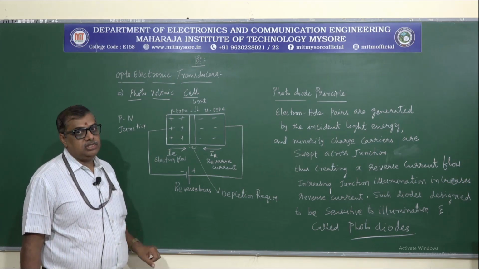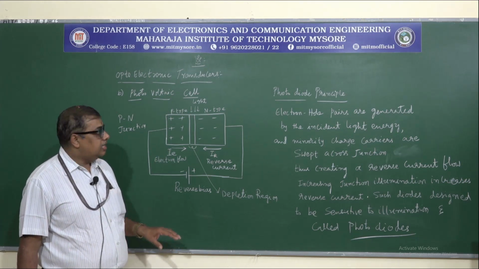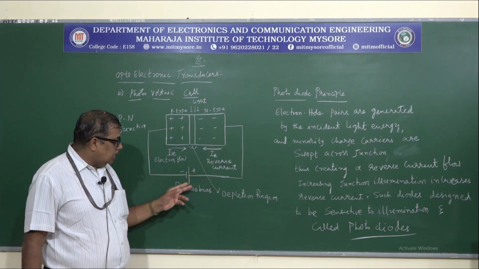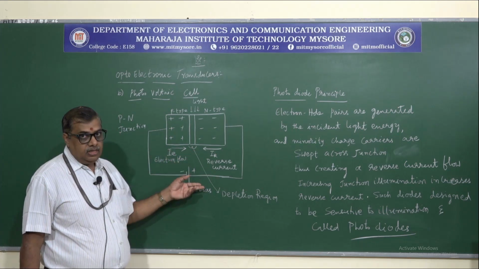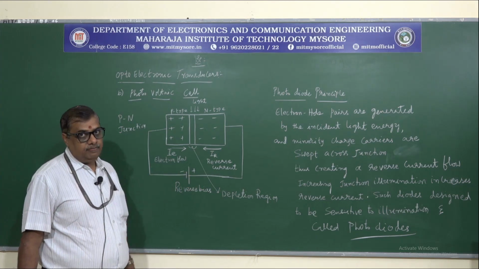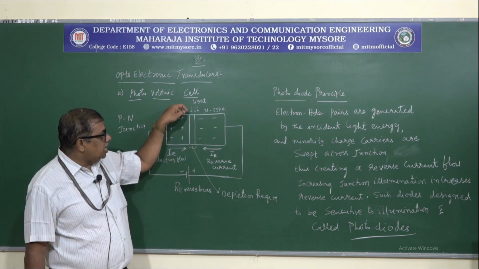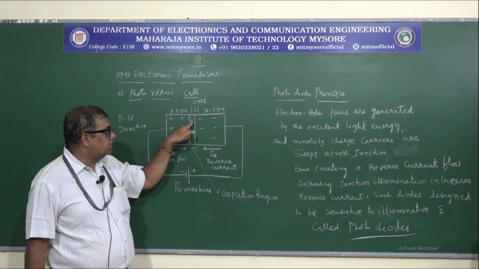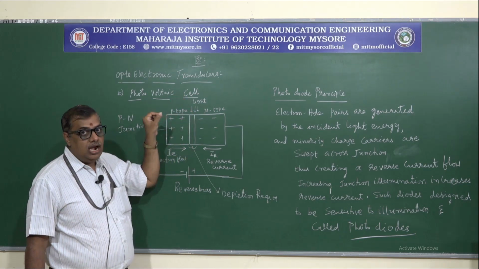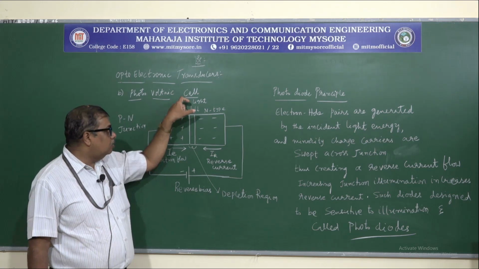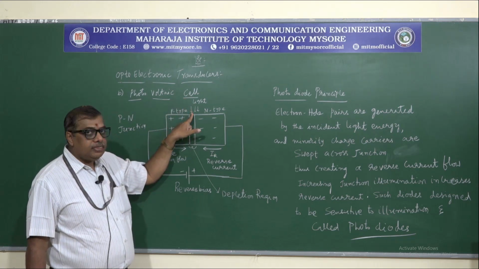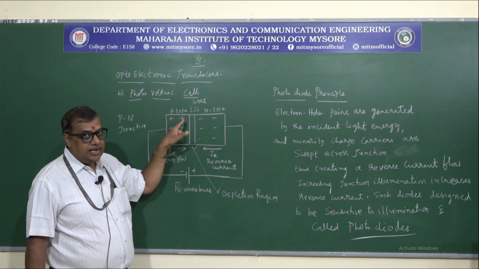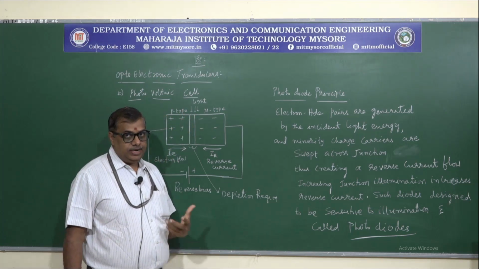So, that principle is used. Now here, instead of connecting a battery, if a light source is made to fall on the depletion region, or the contacts between P type and N type in that region, what happens?